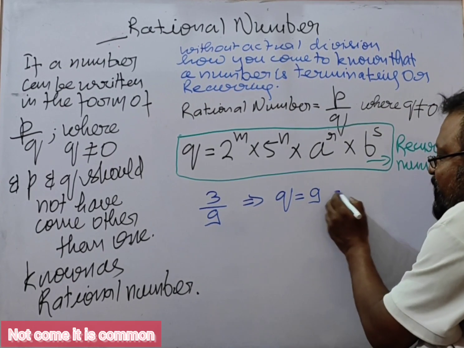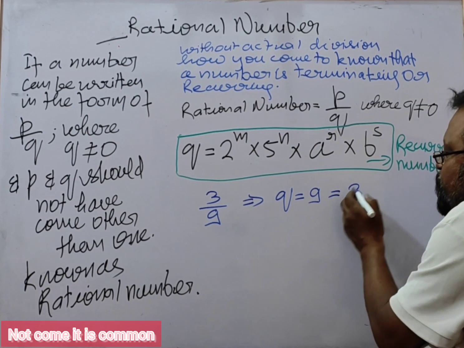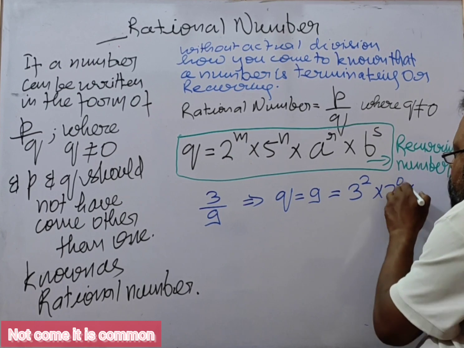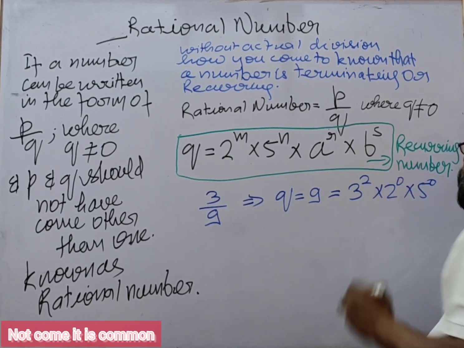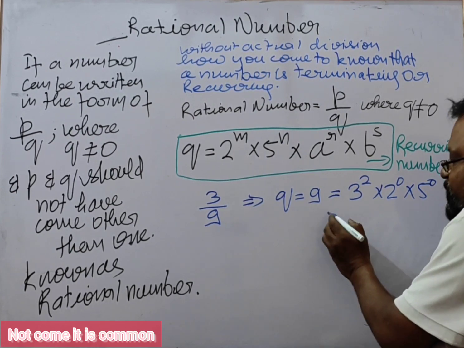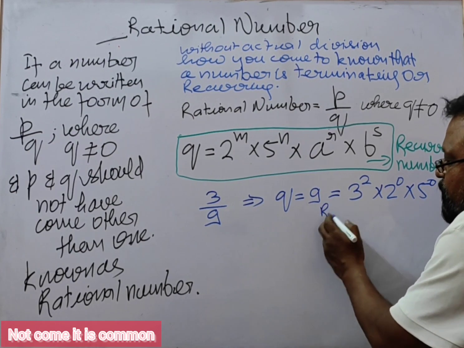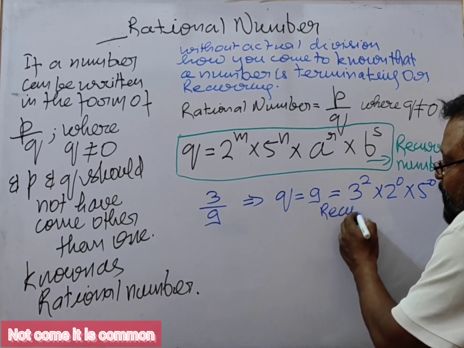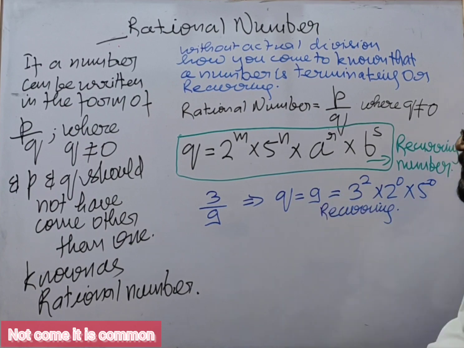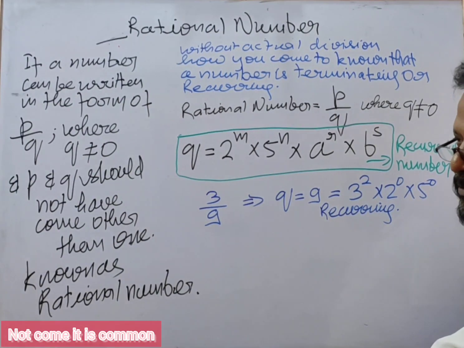We can write 3 raised to the power 2 into 2 raised to the power 0 into 5 raised to the power 0. Is it okay? So that's why it is recurring. Got it? Any other number you have in your mind?